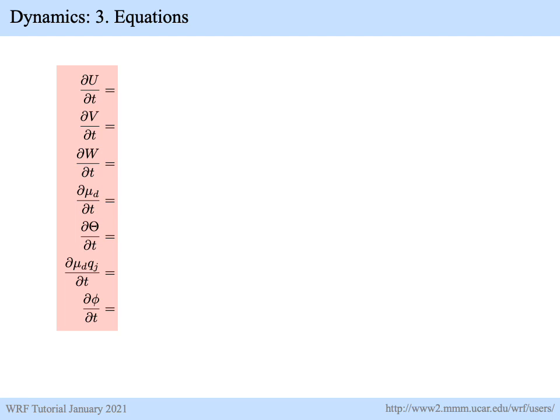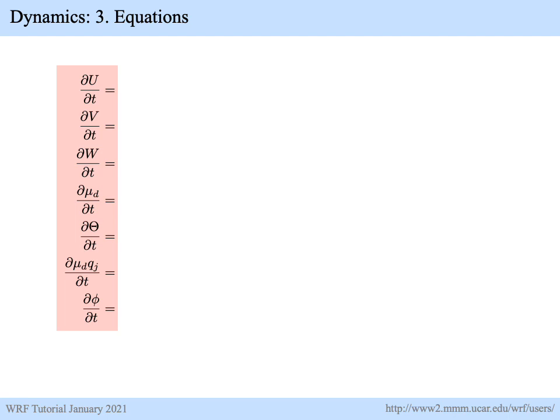We also have an equation for what we call scalars or tracers, which we denote with the variable q, and that q could be moisture, it could be number concentrations for multi-moment microphysics schemes, it could be chemical species, aerosols, anything else you want to look at. It could be just a passive tracer that you put in there just to see where things go. And finally, we have our equation for the geopotential.